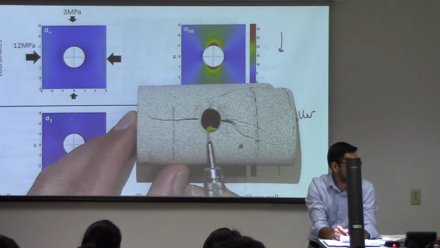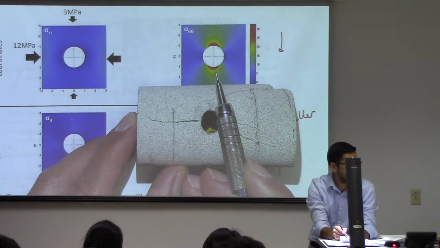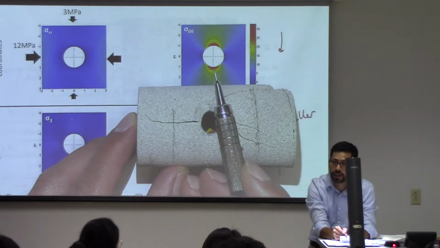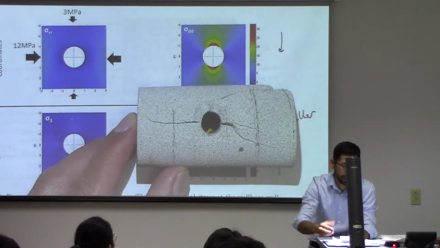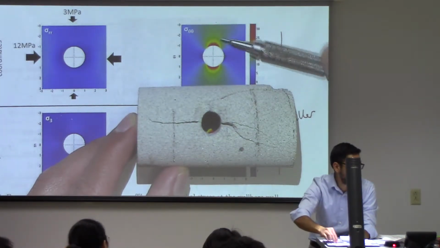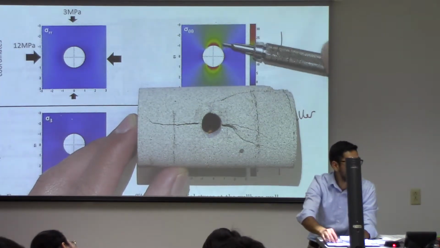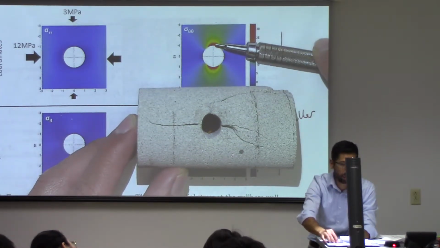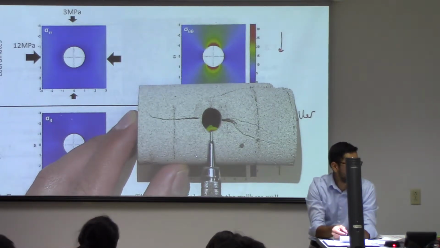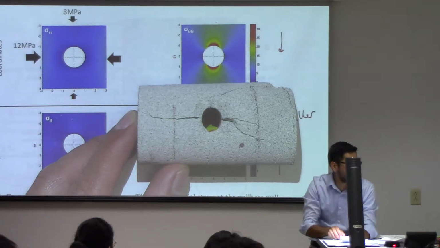And here on the sides, you see how it's red around that area? That's because your hoop stress is very high. All your stresses that are traveling in this direction have to sort of bend and go around the wellbore in order to make it to the other side. And when they do that, they localize in this region. At this point is where you have shear failure and you have breakouts.